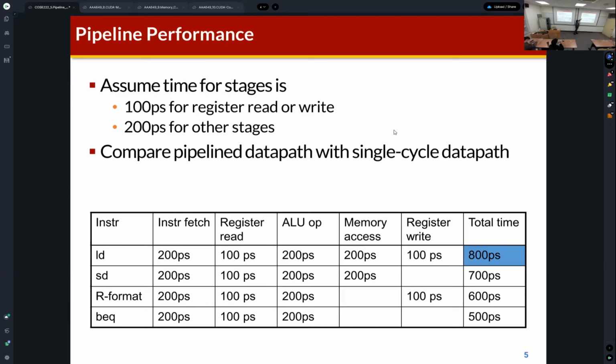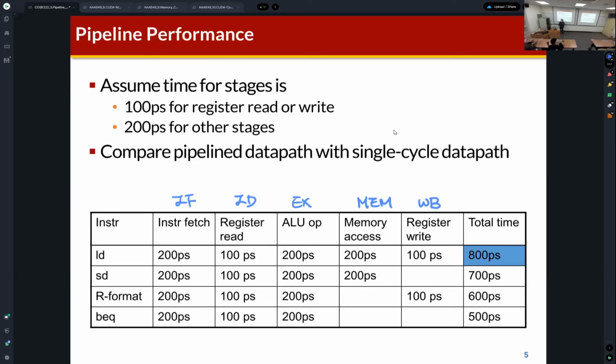For instruction fetch, we need 200 picoseconds, 0.2 nanoseconds, and for register read, we require 100 picoseconds. There are 5 steps: instruction fetch, instruction decoding, execution, memory, and this is the write back.